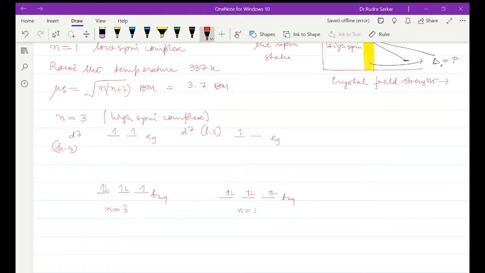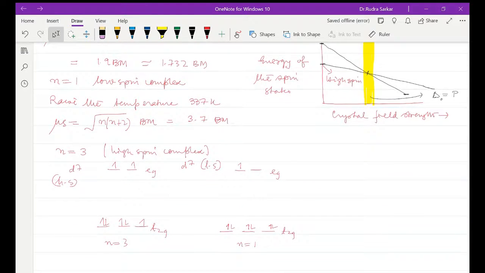So this is one of the examples for a complex which shows spin crossover as the temperature changes, its magnetic moment changes. That means its n value changes. So if the n value is changing, that means at 80 Kelvin it is a low spin complex, and at 337 Kelvin it is becoming a high spin complex. Okay, that is what it means.